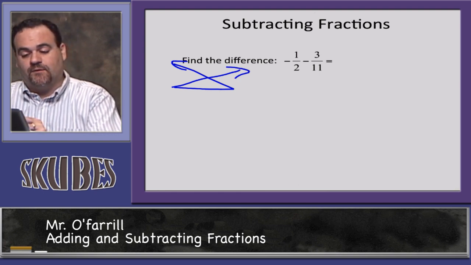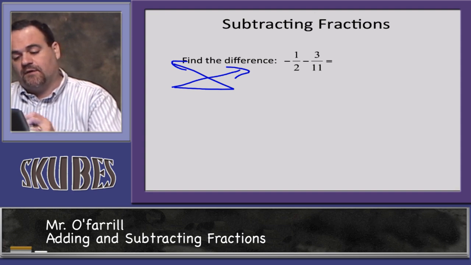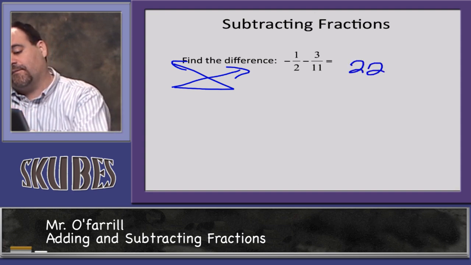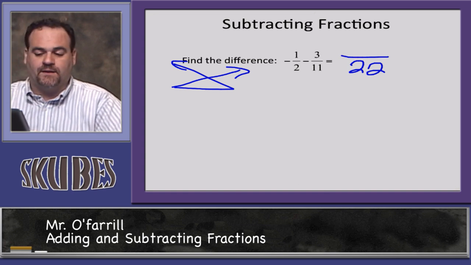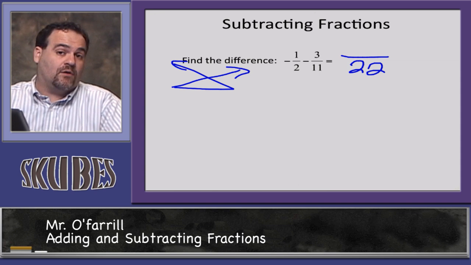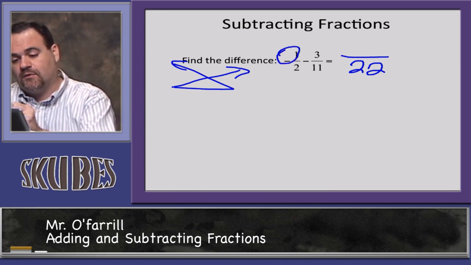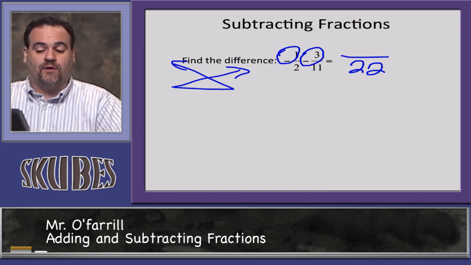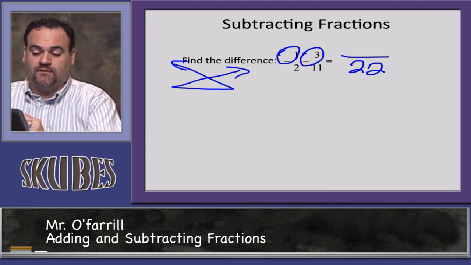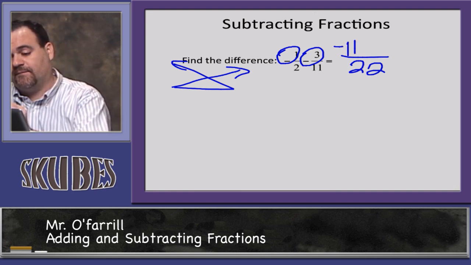On the bottom, we have 2 times 11, that's 22. And this time we're going to go back to what we were talking about before and grouping the negative symbol with the numerator. 11 times negative 1 is negative 11.